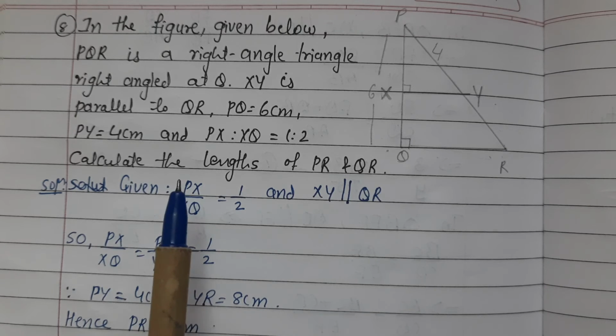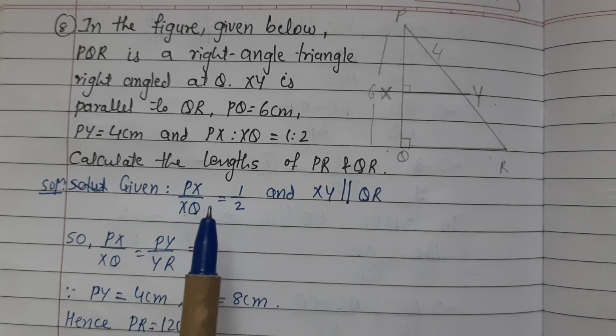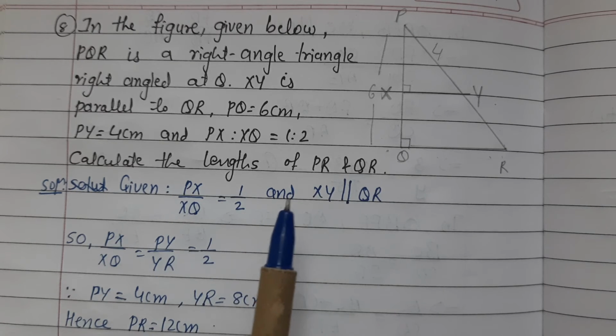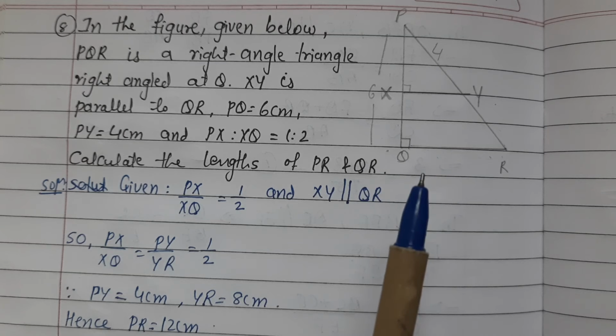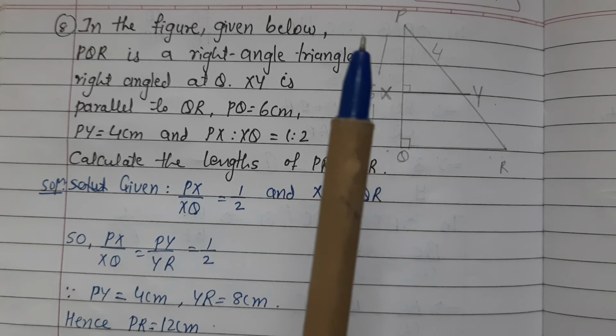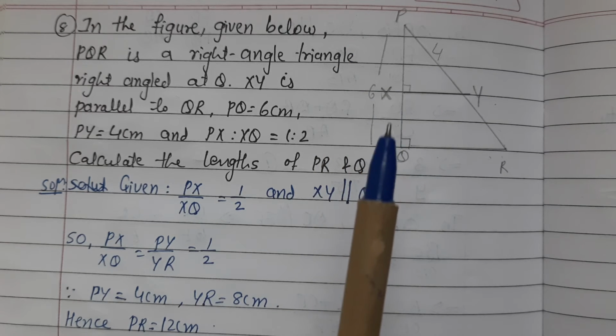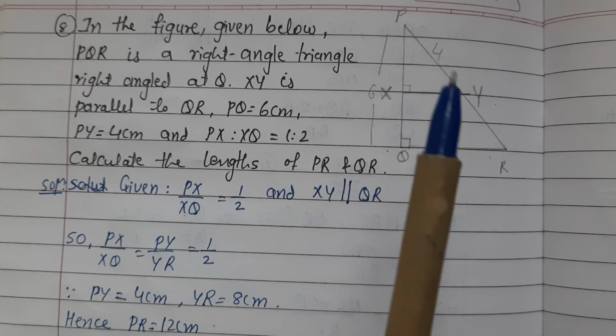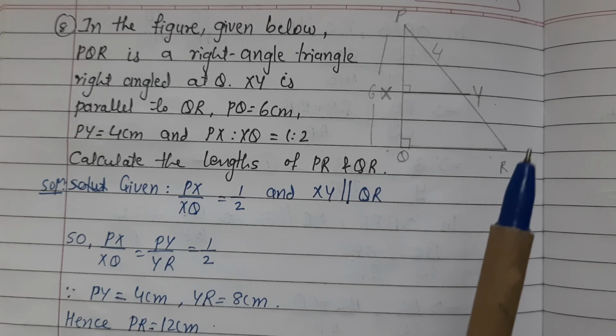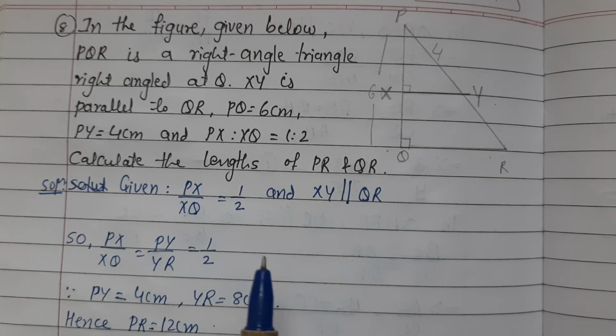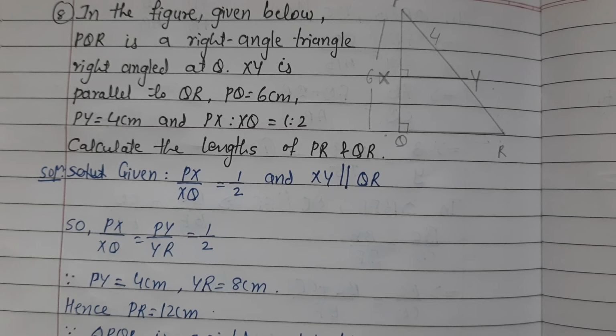Given PX upon XQ equal to 1/2 and XY is parallel to QR. Therefore PX upon XQ is equal to PY upon YR equal to 1/2. PY is 4 cm, therefore YR is 8 centimeter. Hence, PR equal to 4 plus 8, 12 centimeter.